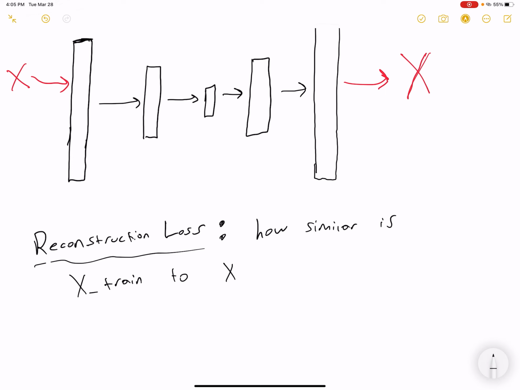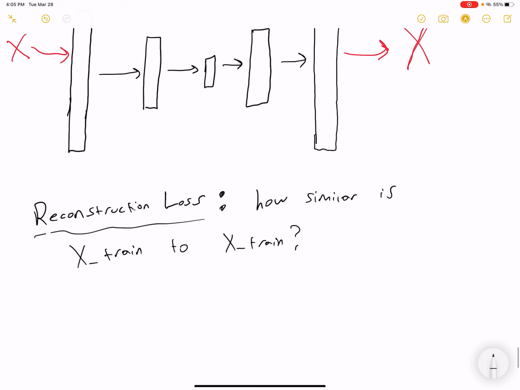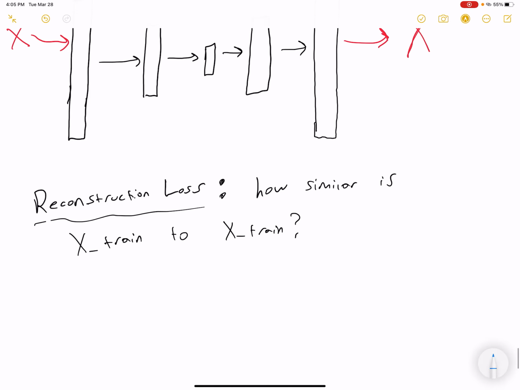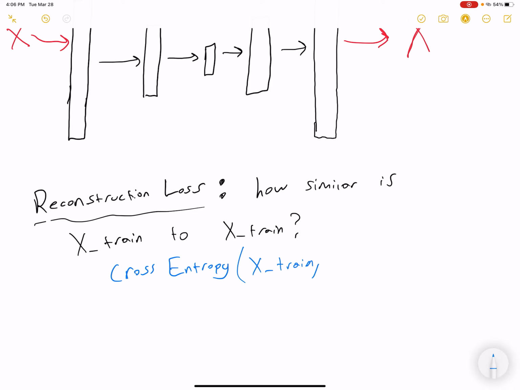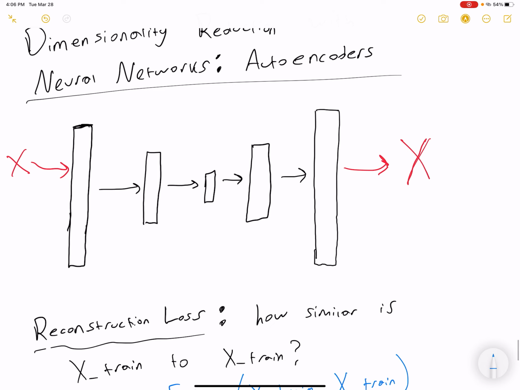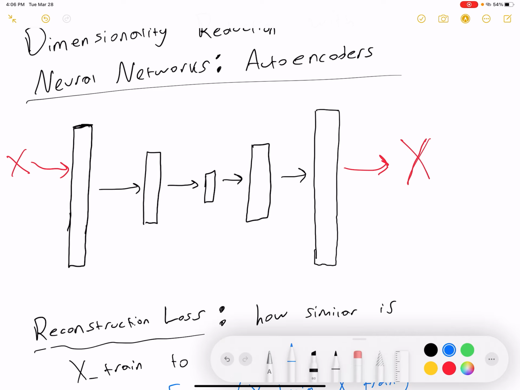So, for example, we might use the same loss function that we were using before, like cross entropy loss, like we use for logistic regression. But instead of between X and Y, we do that between X train and X train. So instead of cross entropy between X train and Y train, like in logistic regression, it's cross entropy between X train and X train. Okay, so the question was, what do each of these layers represent?